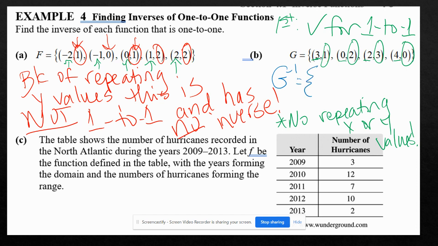And then when we're given a list of values, we're swapping x and y. So 3, 1 becomes 1, 3. 0, 2 becomes 2, 0. 2, 3 becomes 3, 2. And 4, 0 becomes 0, 4. And that's the inverse function.